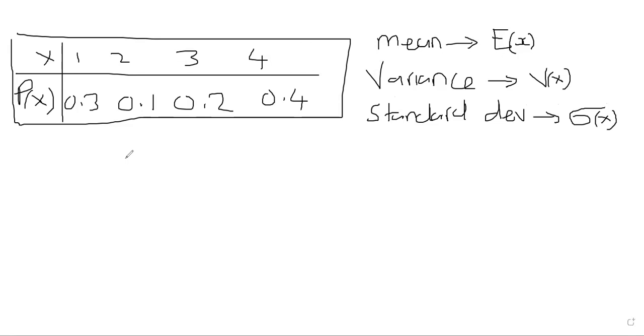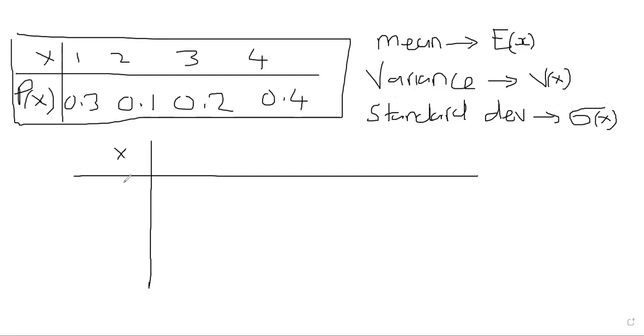Now, I'm going to transpose this data that I have here, 1, 2, 3, and 4, and we'll have my probabilities here, 0.3, 0.1, 0.2, and 0.4.